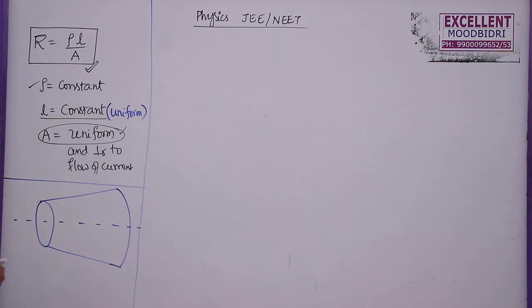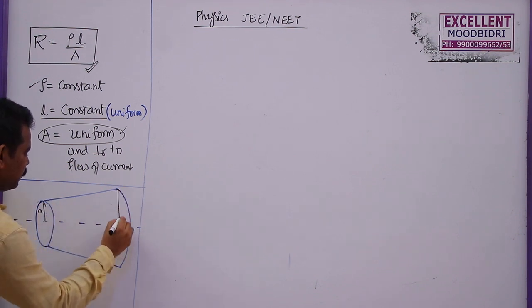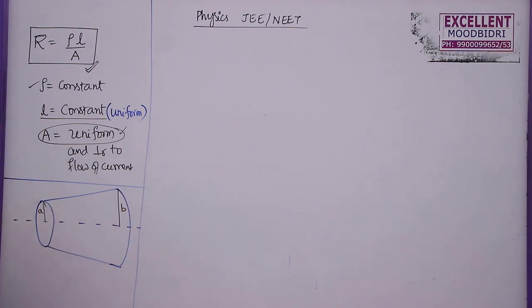Here the radius of this edge is A and the radius at this edge is B. So let me take this as A, this is B. Now I need to find out the resistance of this truncated cone, that means a frustum of a cone.